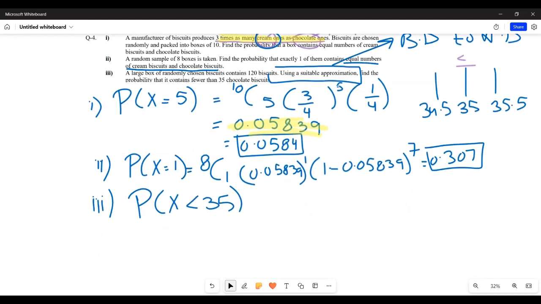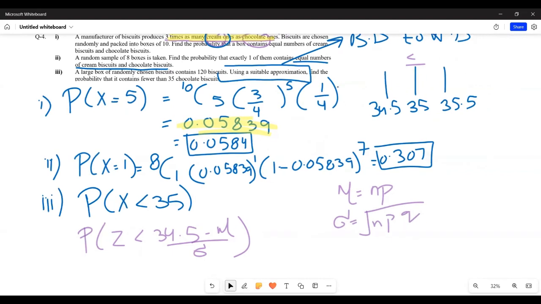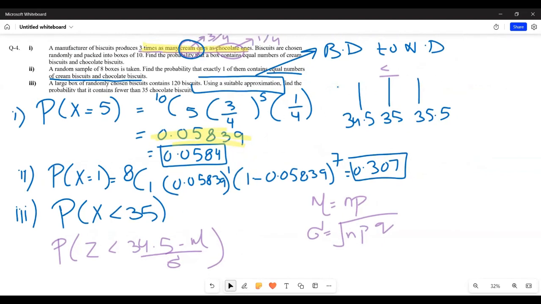So for now, probability Z is less than 34.5 minus mu upon standard deviation. Mu in binomial distribution is NP. Standard deviation is square root NPQ. So N is 120, you can see from the data. And what's the probability of success?